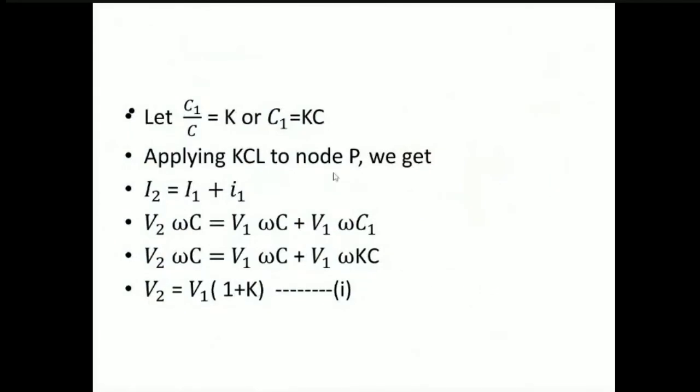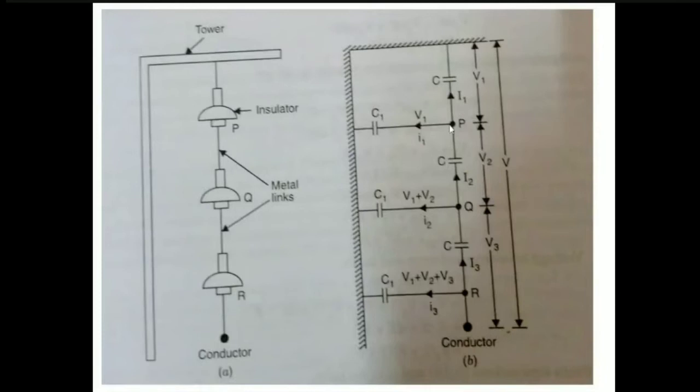Let C1 by C, that is mutual capacitance to self-capacitance, be a factor called K, so that C1 is equal to K times C. Now applying KCL to node P, that is the point here. Here you can see the marking of currents. Capital I1 goes upward. I2 is the incoming current. Small i1 is the current leaving towards the tower.